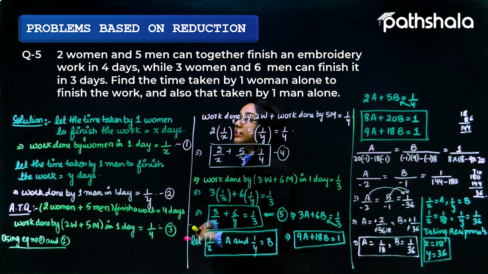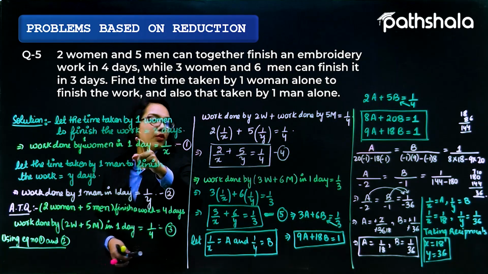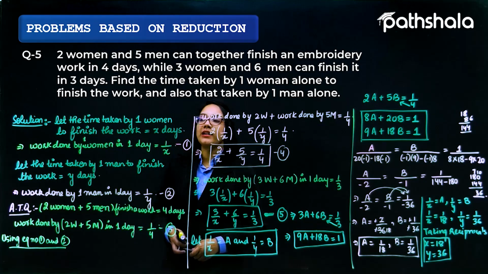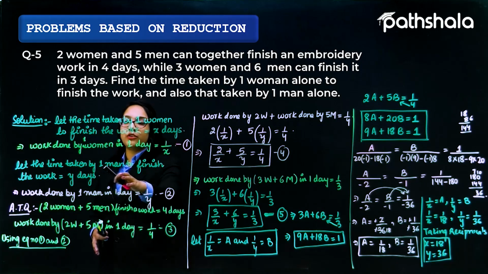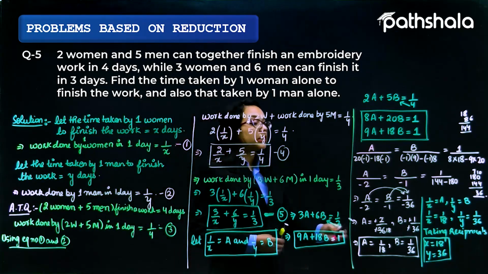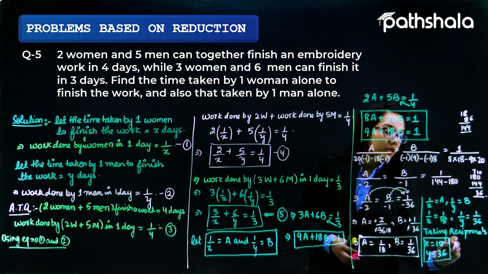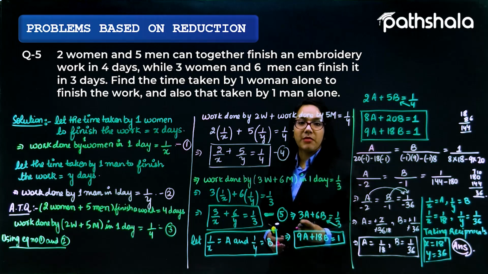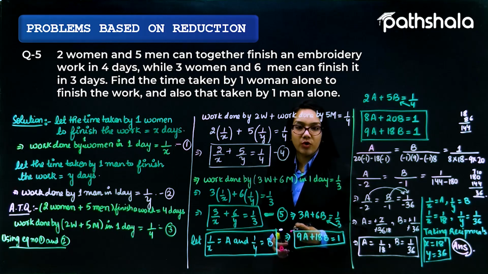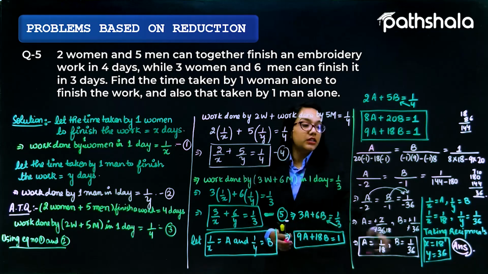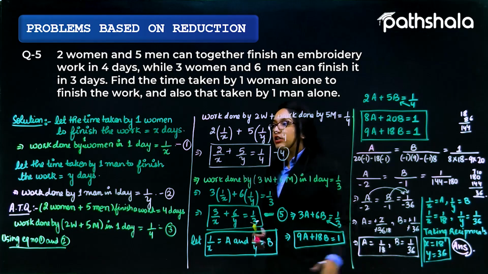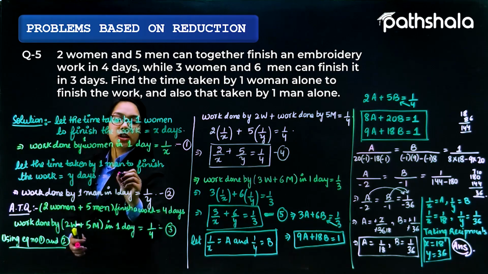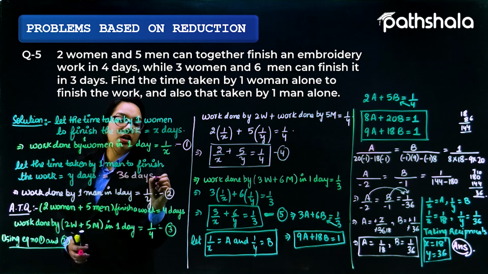It means that the time taken by one woman to finish the work is nothing but 18 days, and the time taken by one man to finish the work is nothing but 36 days. So this is the answer for this particular question: the time taken by one woman alone to finish the work, which was taken as X, is equal to 18 days, and the time taken by one man to finish the work, which was taken as Y, is 36 days.